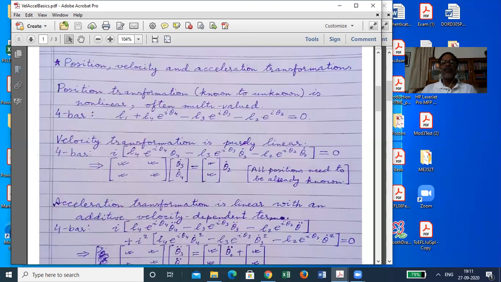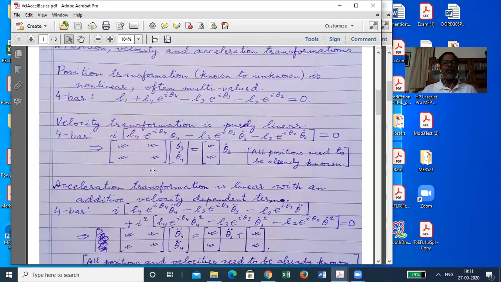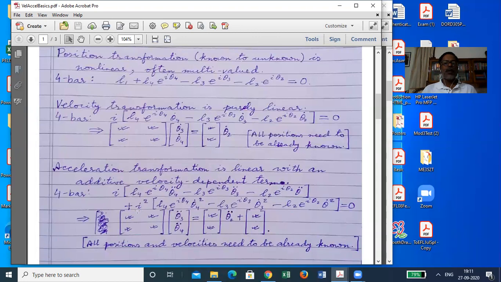So again, when you try to resolve that and put it in this form, then you will have a coefficient matrix in which resolved components from here, here, and here will appear into theta 3 double dot, theta 4 double dot, and theta 2 double dot on this side I have put as if that is known, and plus from this term you will have a constant here.